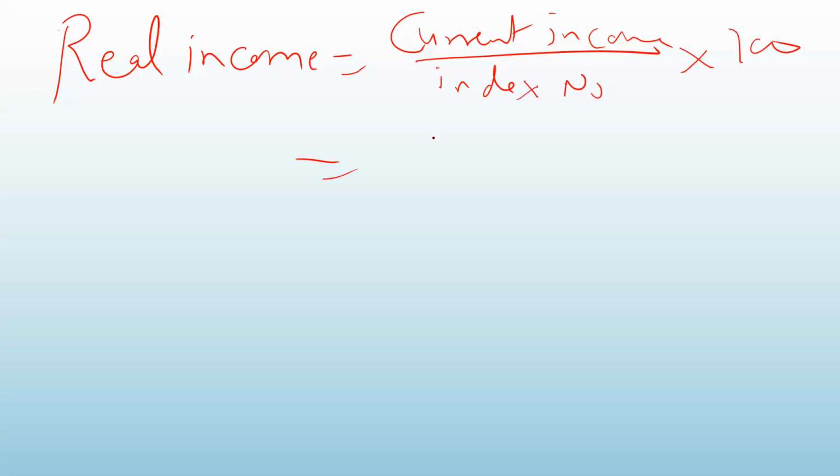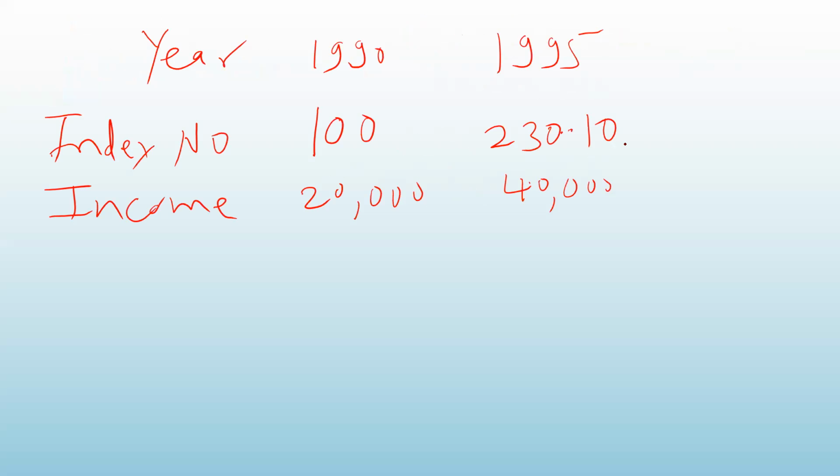So his current income is 40,000. And what was the index? Index was 230.10, multiplied by 100. So find out the real income.